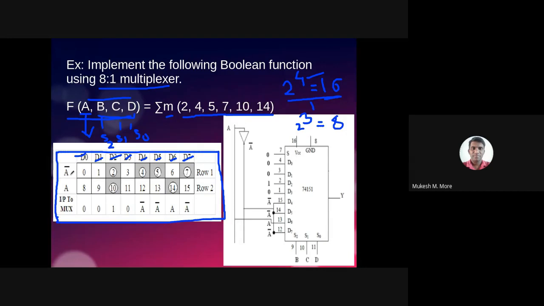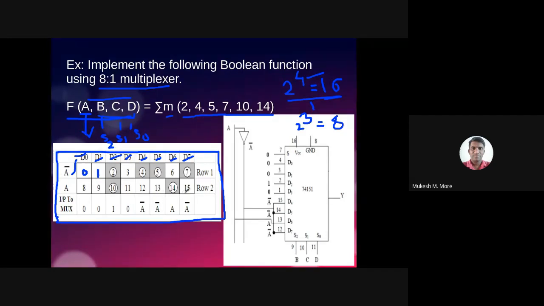So see this, I am numbering the cells 0, 1, 2, 3, 4, 5, 6, 7. These are 8 cells, D0 to D7, and it is for your A bar. Now proceed to the next row: 8, 9, 10, 11, 12, 13, 14.